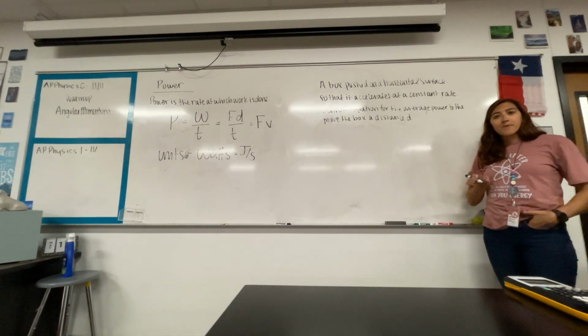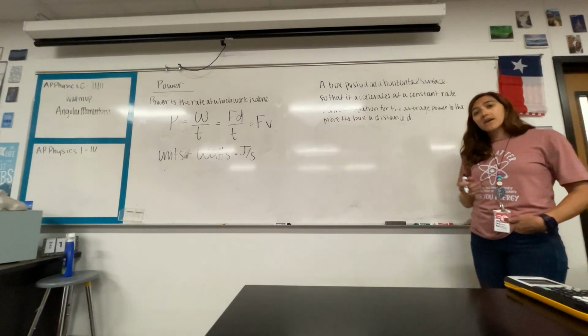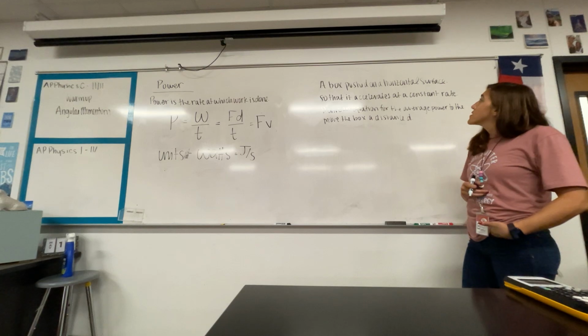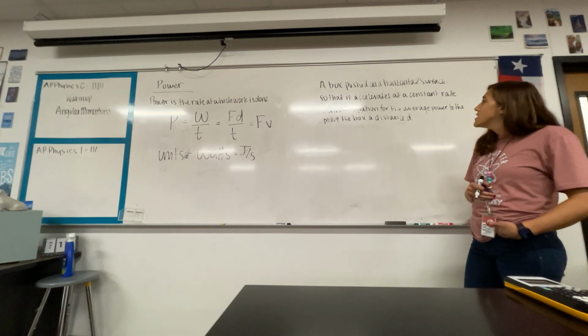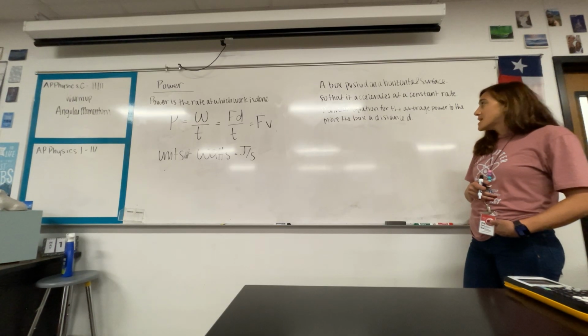So, again, something we've been highlighting in class, and we'll do that in the video as well, is that problem-solving thought process. I have a box pushed on a horizontal surface so that it accelerates at a constant rate. Derive an equation for the average power to move the box a distance d.